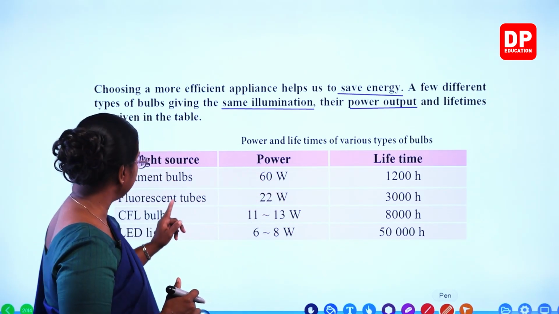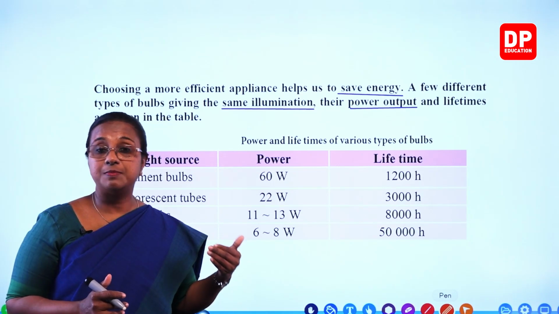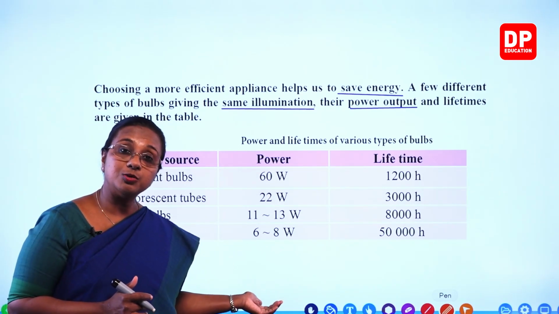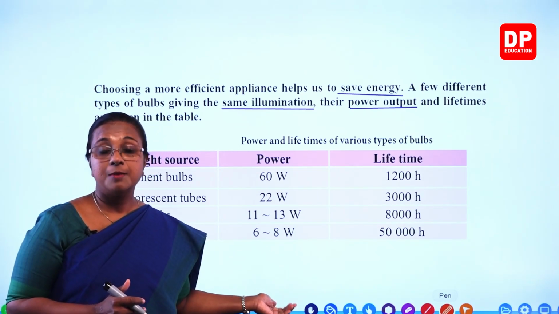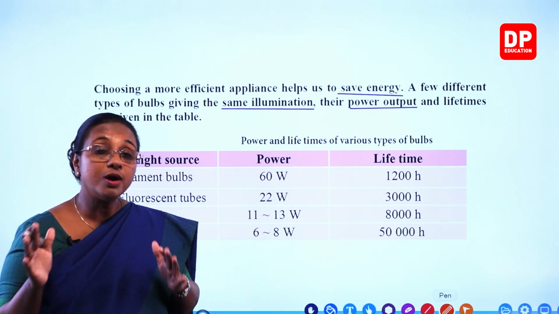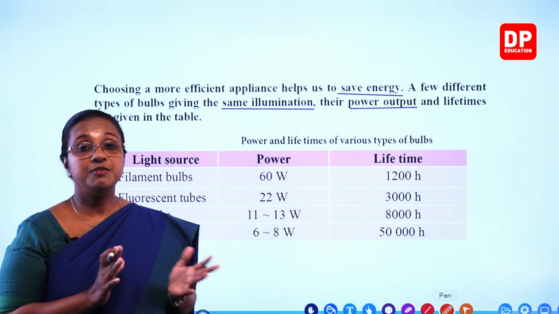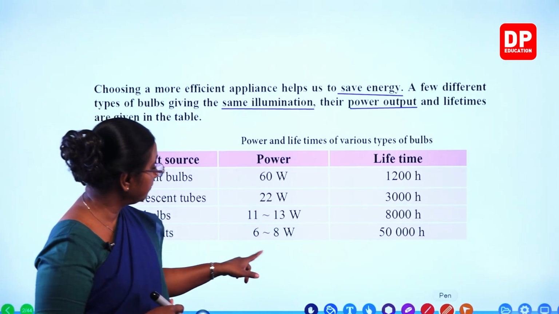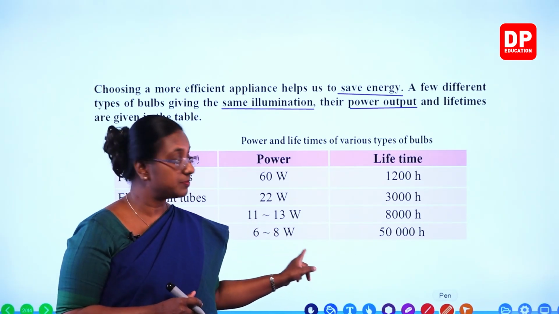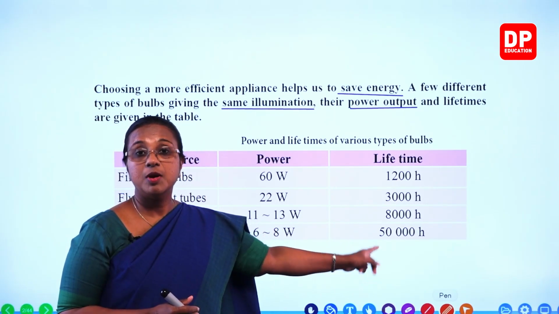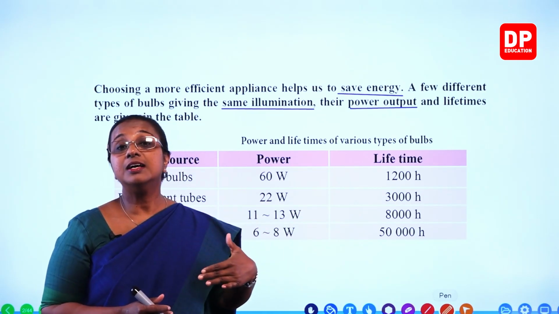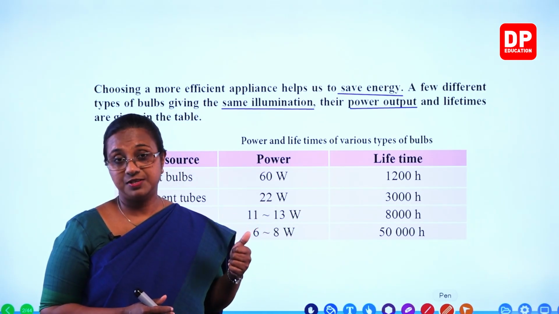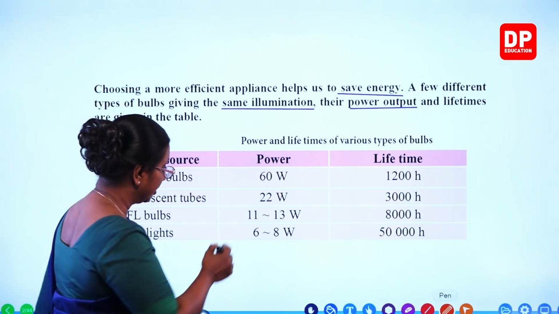Usually filament bulbs are cheaper in price compared to LED bulbs. But if you consider long-term usage, the power consumption and the lifetime, obviously the LED bulbs are more efficient. So that is what you need to consider.